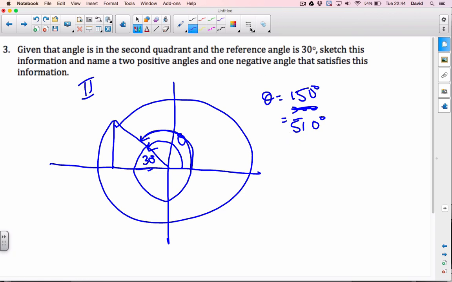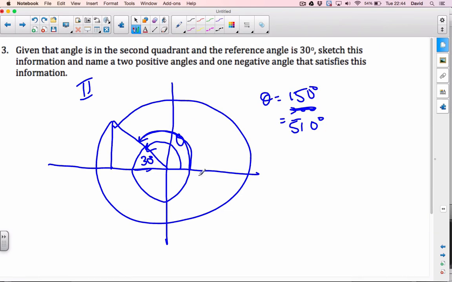Now, to do the negative angle, that means I'm going to go in this direction to here. As soon as I hit here, up to here is negative 180, and I go negative 30 more, which is negative 210, because 180 plus 30 is 210.